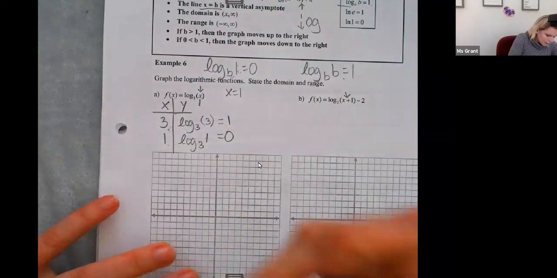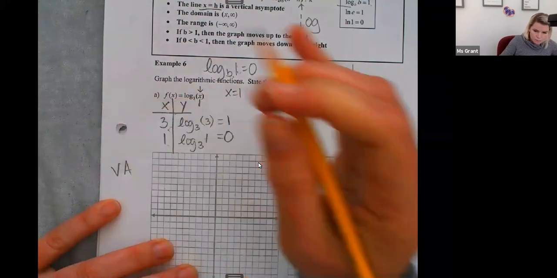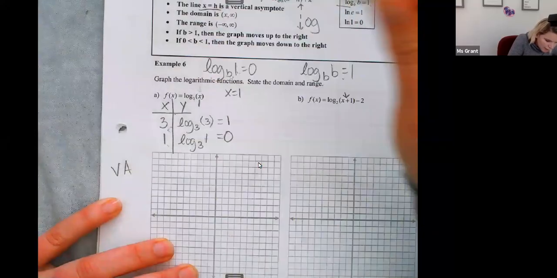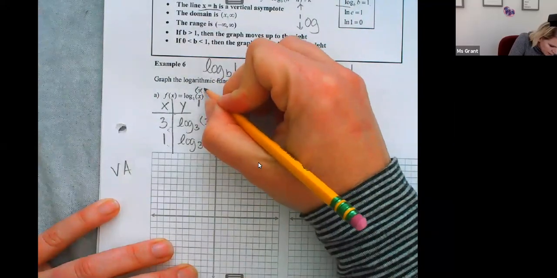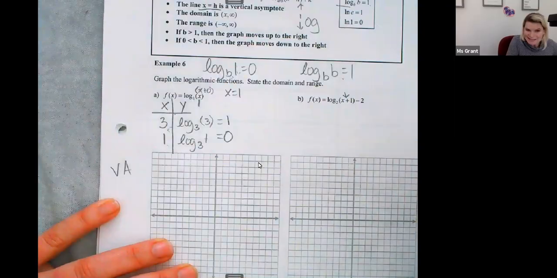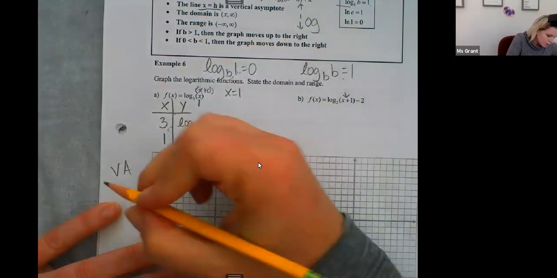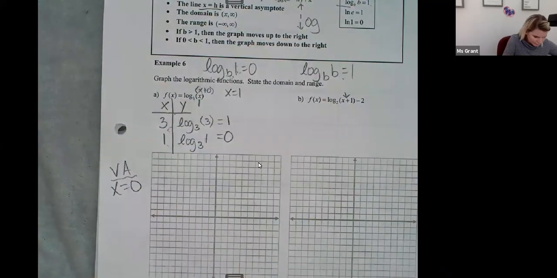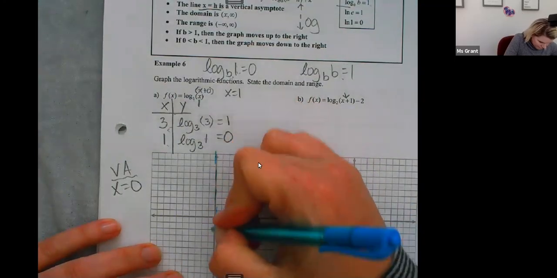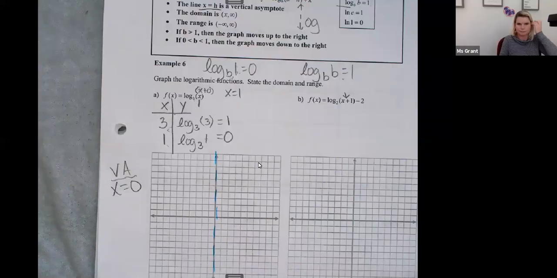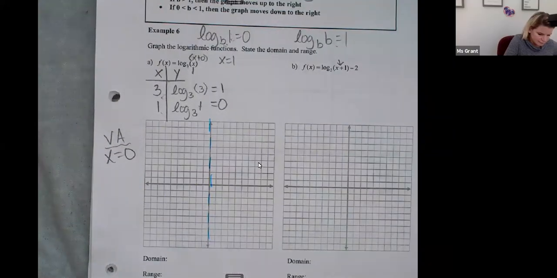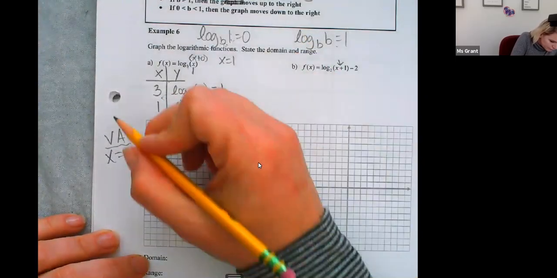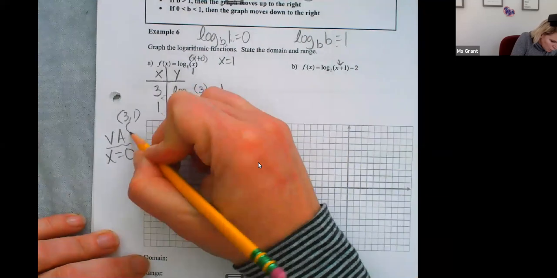Now, what's my h and k? Well, there is no h. This is like x plus 0. So 0 is my vertical asymptote. I'm going to draw that right here. My ordered pairs are 3, 1 and 1, 0.